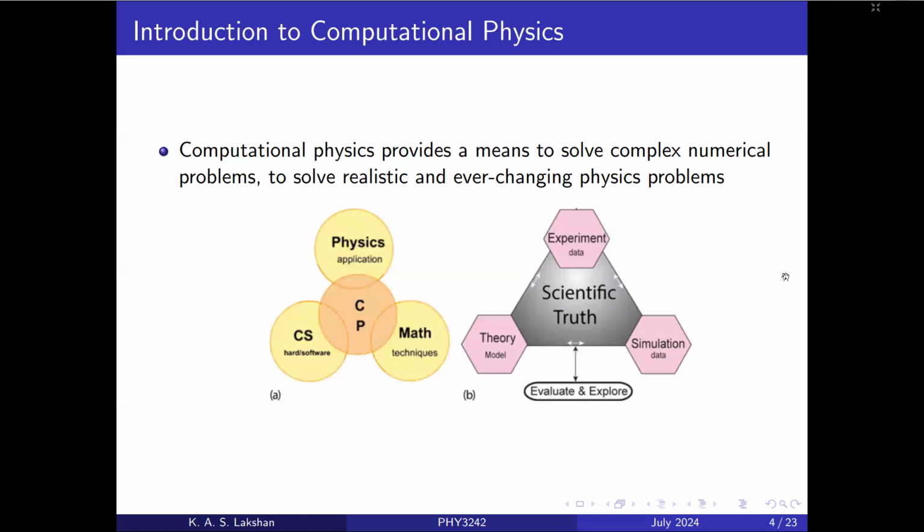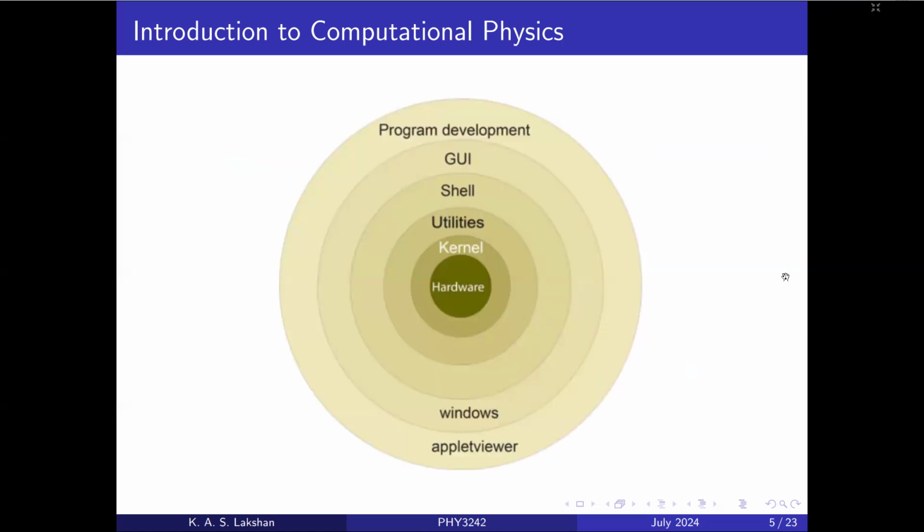Now, to solve these complex numerical problems, we are using computer methods. In a computer, we have the basic hardware, and as shown in this diagram, the hardware is surrounded by increasingly higher levels of software. So we have the kernel, then utilities, shell, then the graphical user interface, then the program development.